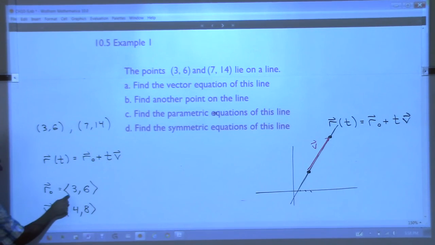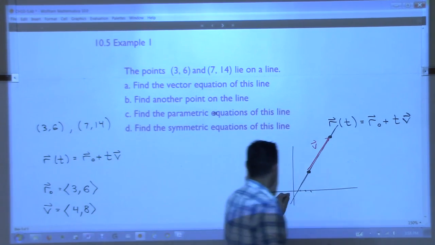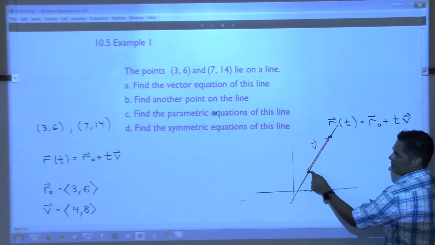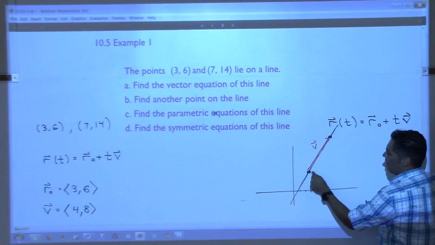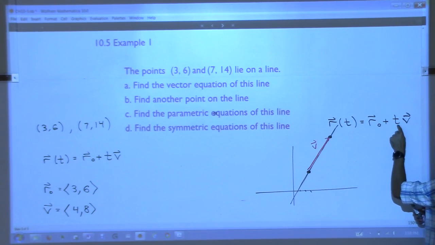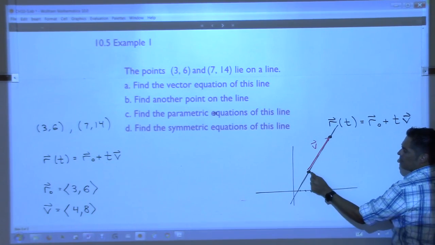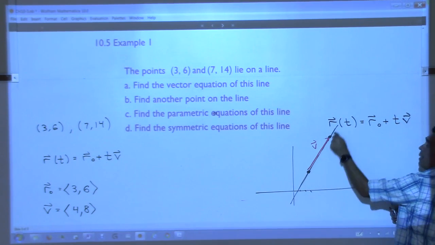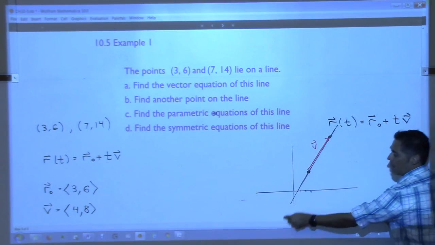So if I go out (3, 6) and then add the vector (4, 8), I'll be here, right? But if I take any multiple of that V, that'll take me to my initial point, and then it'll stretch me, maybe halfway or twice as much or backwards.